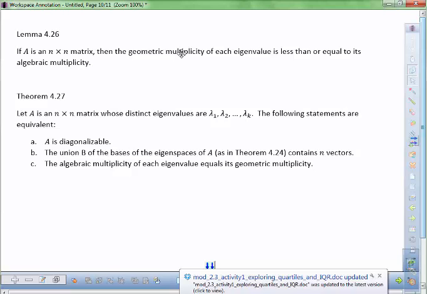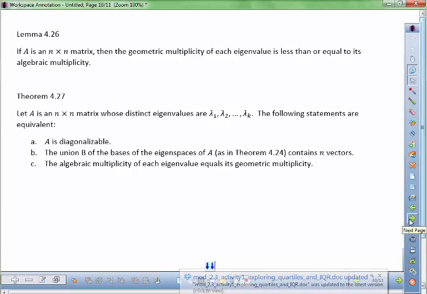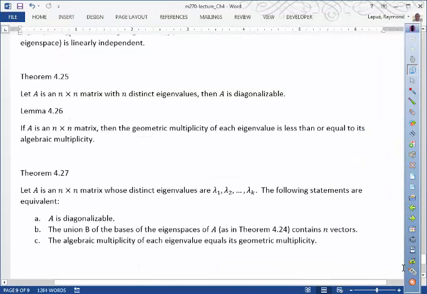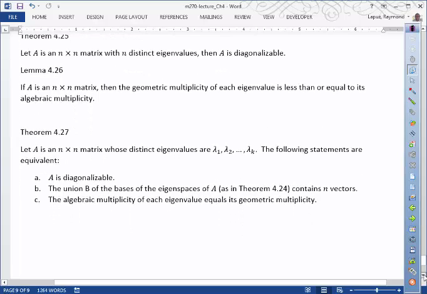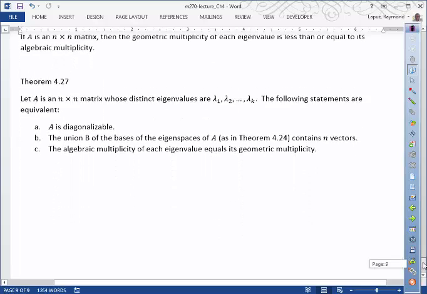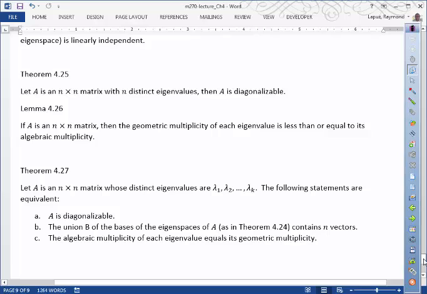I really should come up with an example like that, and then show that the algebraic and geometric multiplicities are the same. I think that's it for this section and for the chapter.